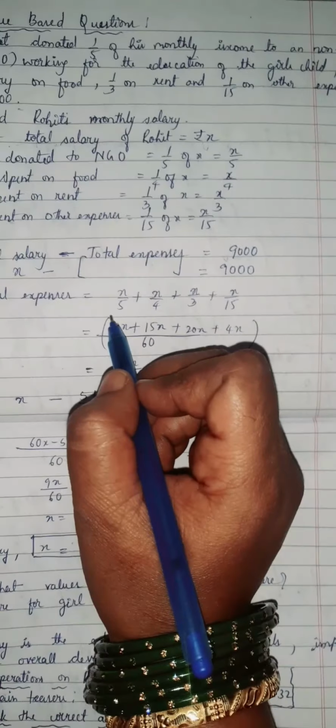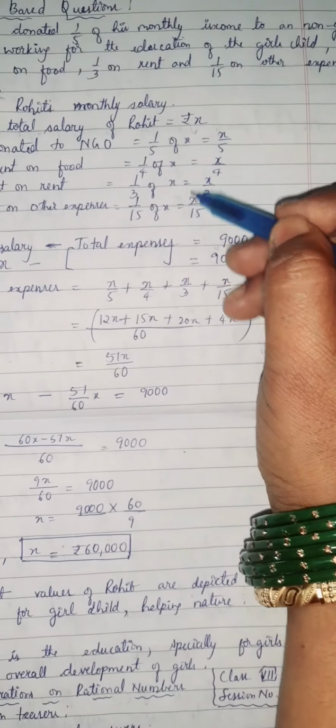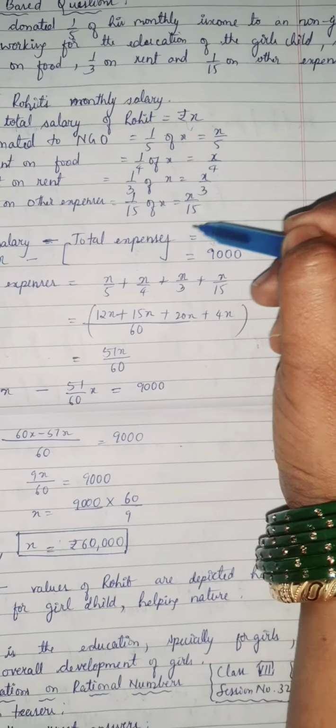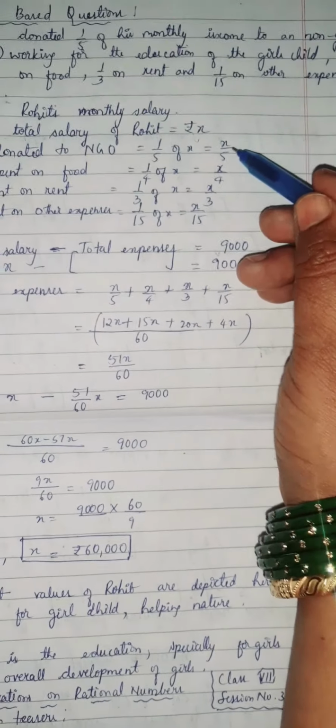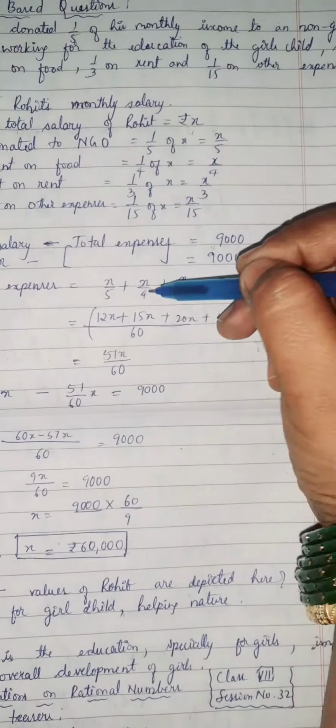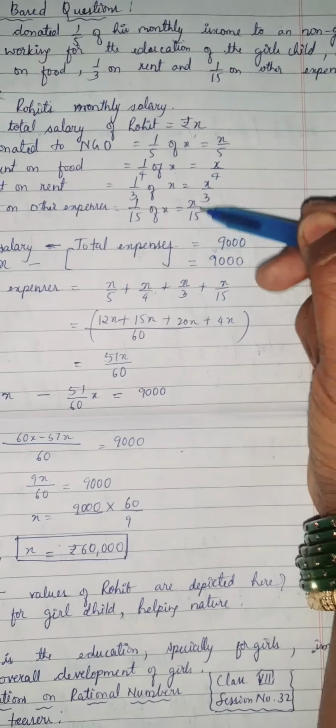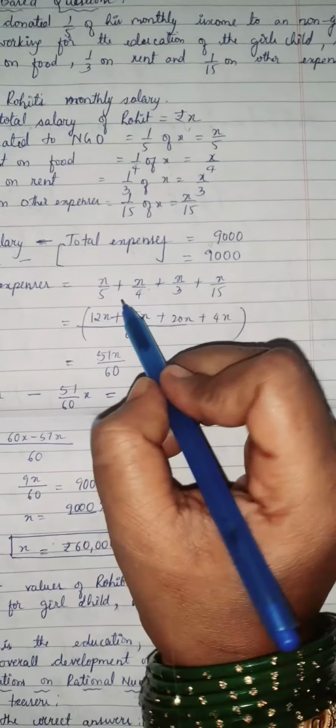Before going to solve this, let us find his total expenses. Total expenses means all these expenses we have to add: X by 5 plus X by 4 plus X by 3 plus X by 15.